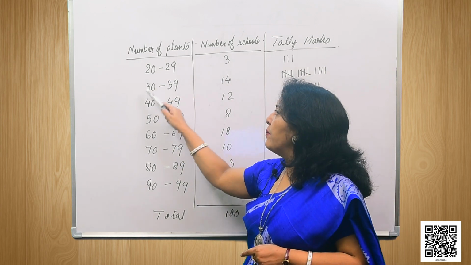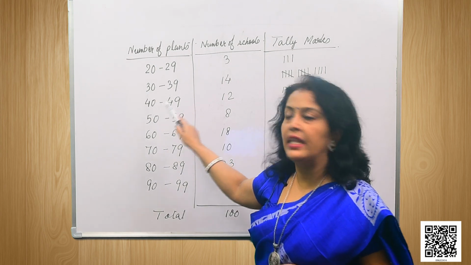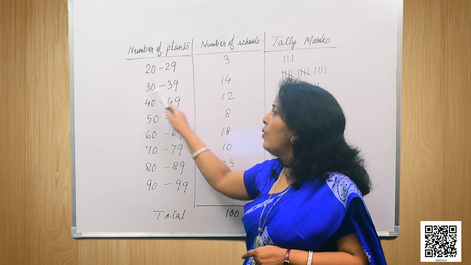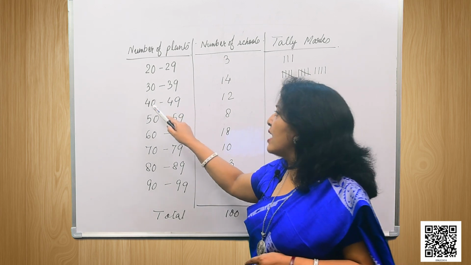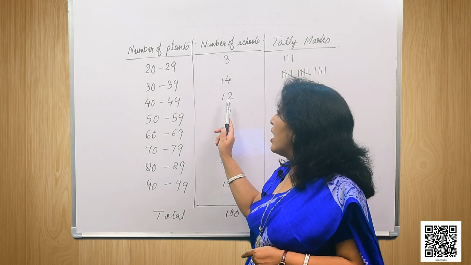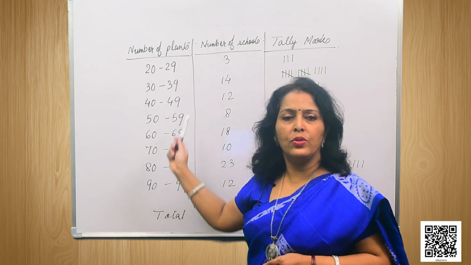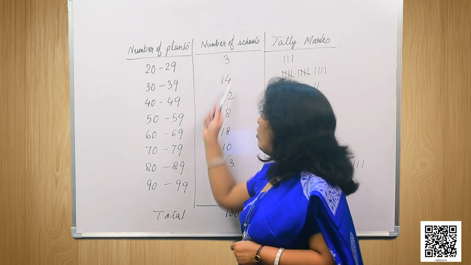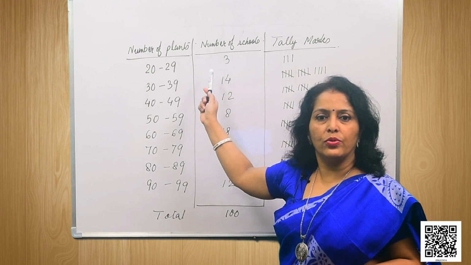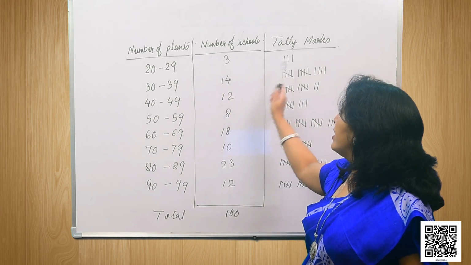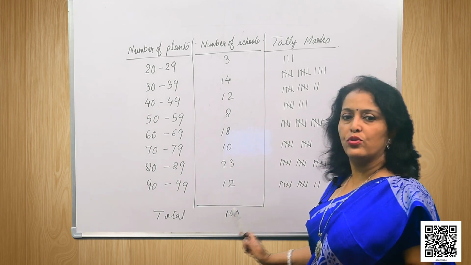Next class I have made of 30 to 39, and there are 14 schools. For the next class 40 to 49 there are 12 schools, 50 to 59 there are 8 schools, and so on. Along with this I have drawn the tally marks for the frequencies also.